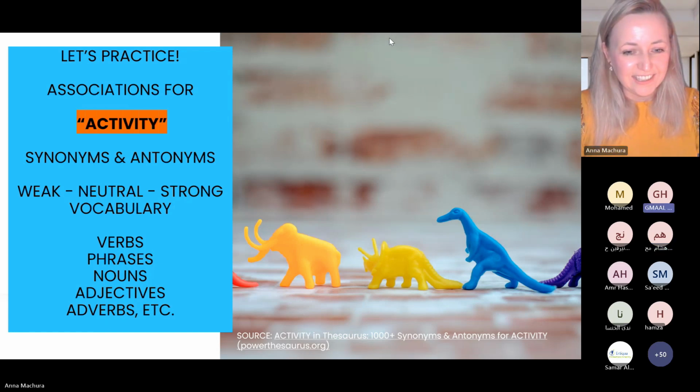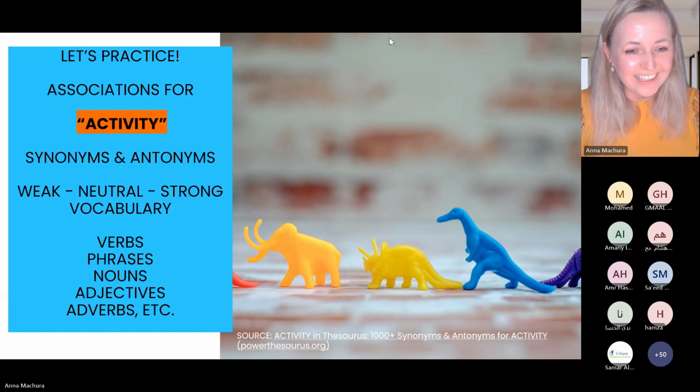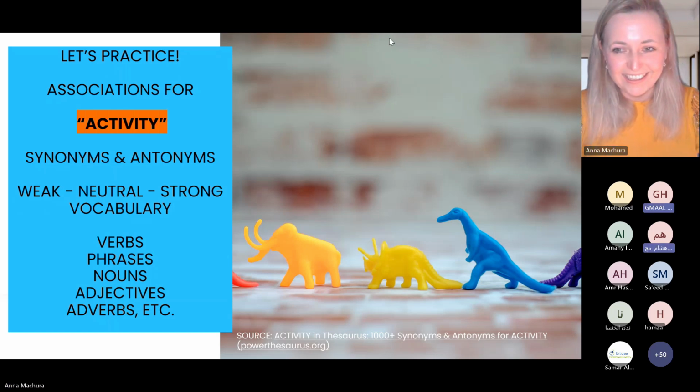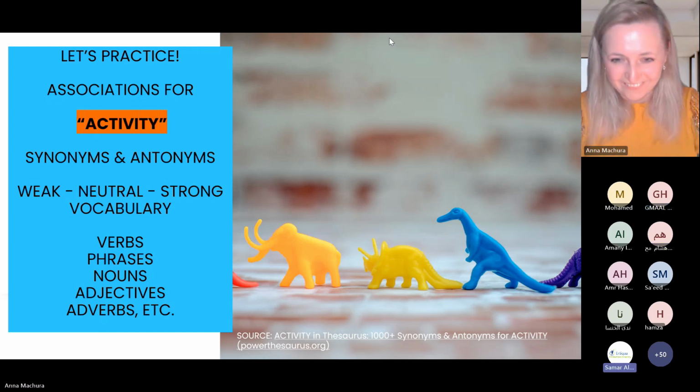Challenging activity, frustrating activity, challenging, motivating, good activity. Demanding. Easily done. Doable. Very good. So you can do word building, doable, challenging, adjectives.